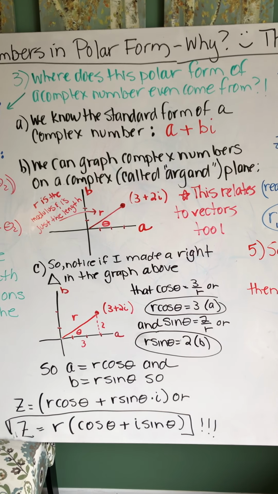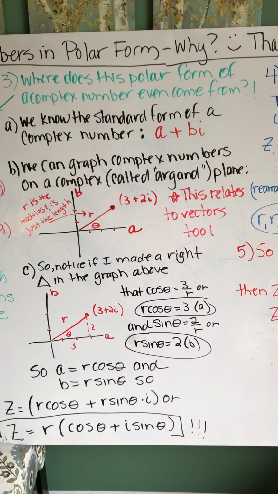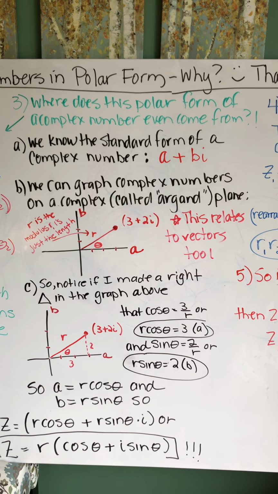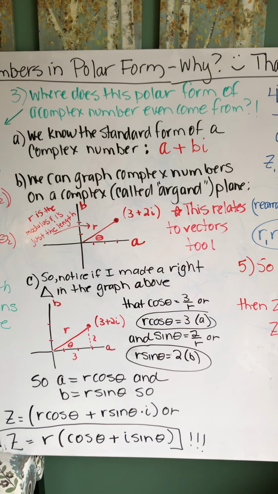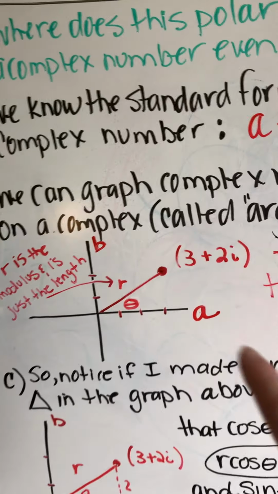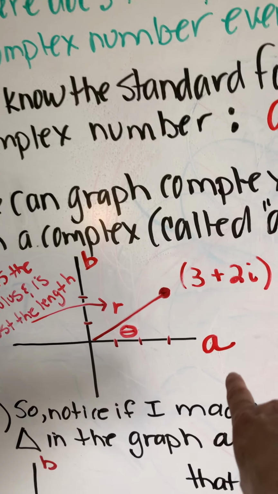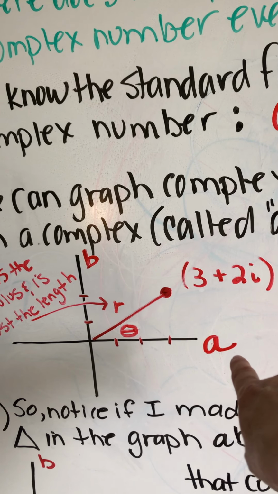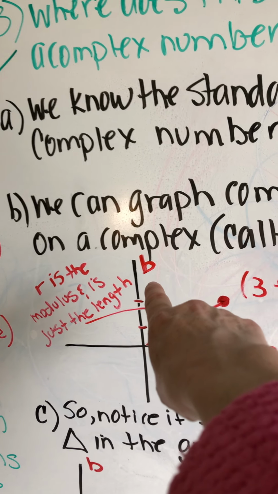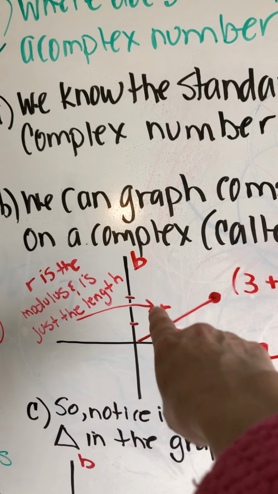Now, when you work with complex numbers, we like to graph them. And so we graph those on a complex plane. It has its own name. It's called an Argand plane. What would be the x-axis is where the a goes. What would be the y-axis is where the b goes, the imaginary part of the number, right?